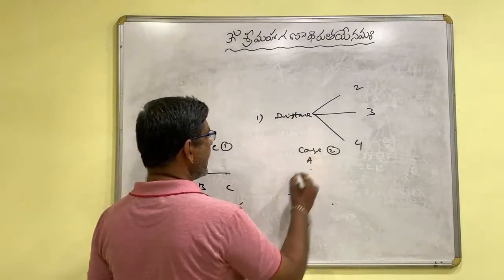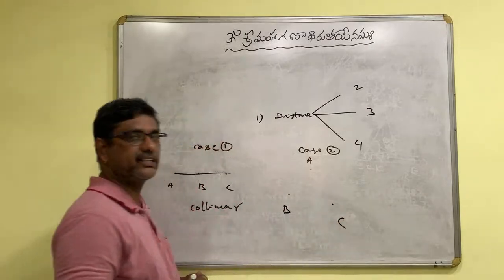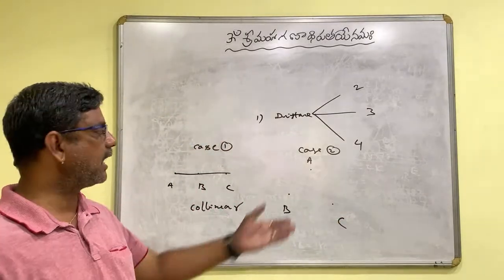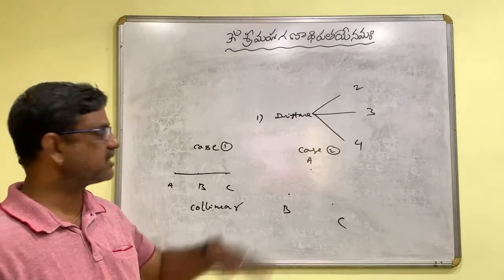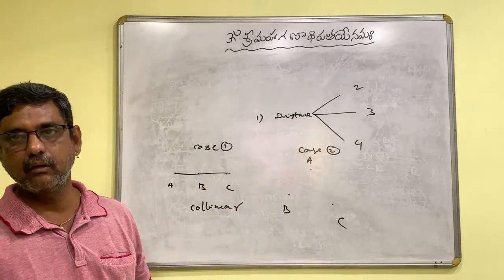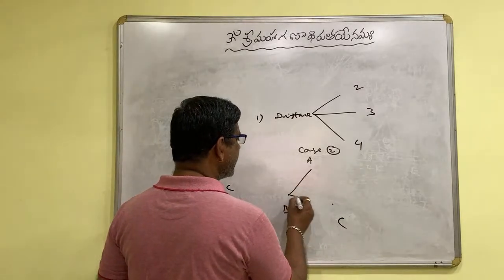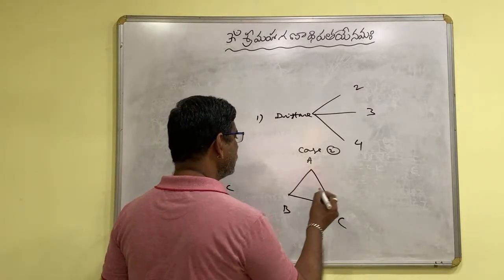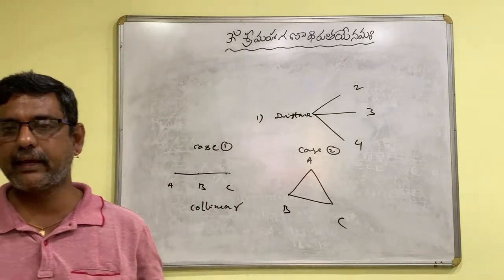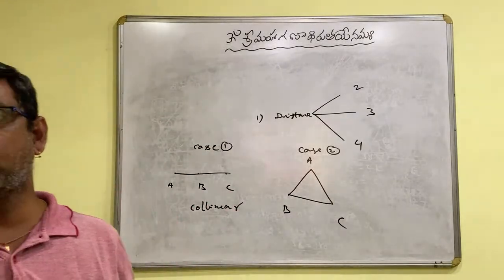Now suppose A, B, C points are like this, and we are not able to draw a line passing through all the 3 points. Then if we join all those 3 points, we'll get a closed figure.